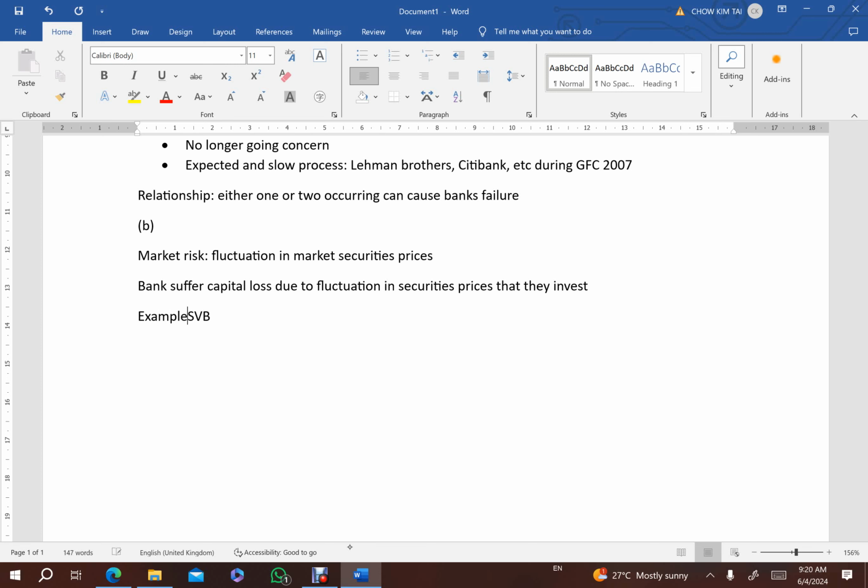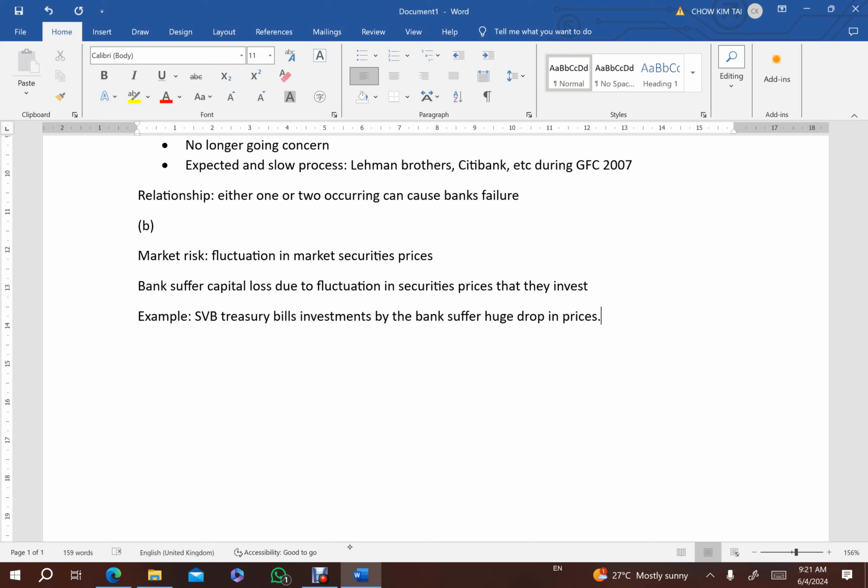So SVB, the Silicon Valley Bank, had treasury bill investments. The bank bought all these treasury bills in 2020, when the bank had a lot of cash, because SVB invested in technology companies. During COVID time, technology companies were booming, so a lot of these technology companies saved a lot of money in the bank.